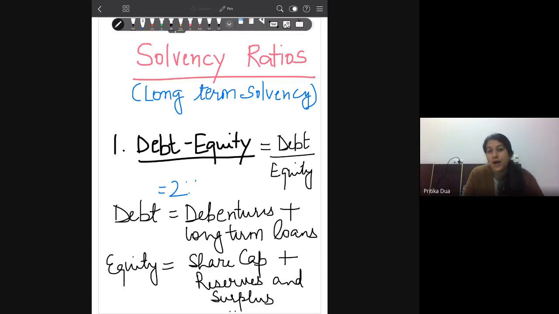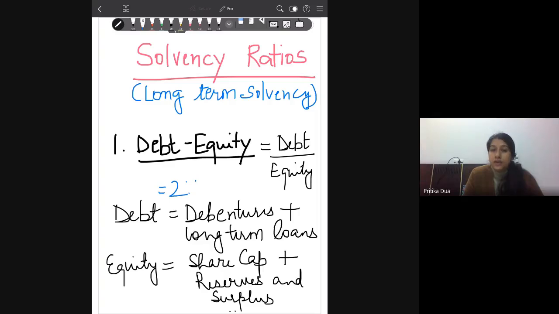Any value higher than this means that the firm has excessive debt, while a value lower than this means that the firm is not utilizing the benefit of debt. So ideally the ratio should be 2:1, and this ratio measures the relationship between debt and equity of the firm.